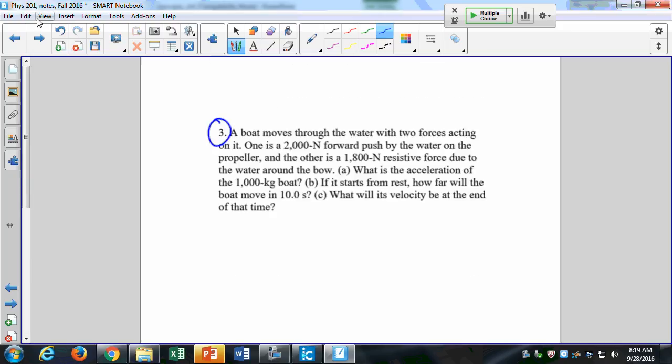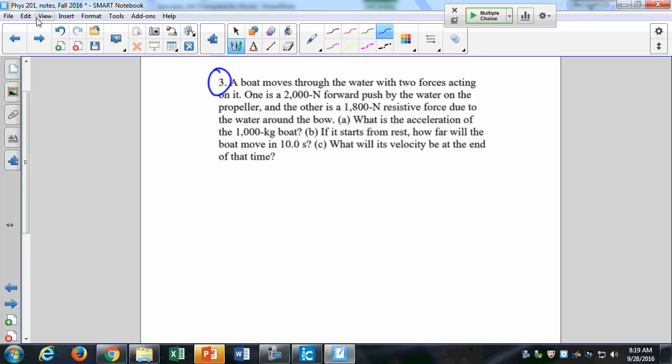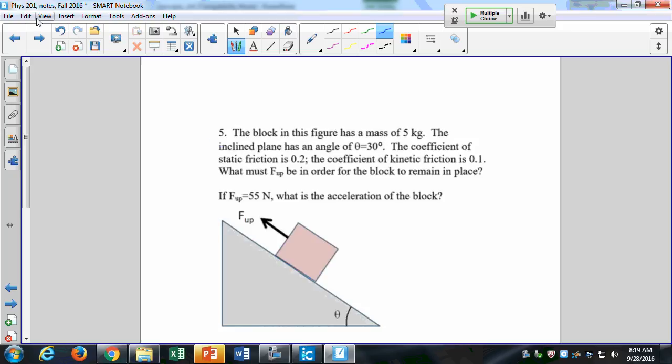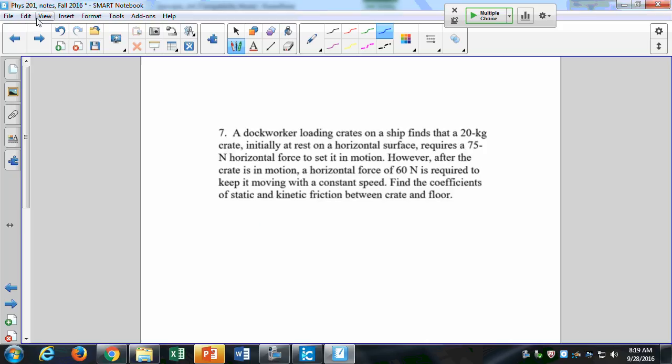Problem number 3 as well. I don't know that we worked exactly like that, but all you have are forces that are in different directions. Problem number 4, not problem number 5, we'll deal with that later, not problem number 6. Problem number 7, that's just like the multiple choice that we just did.